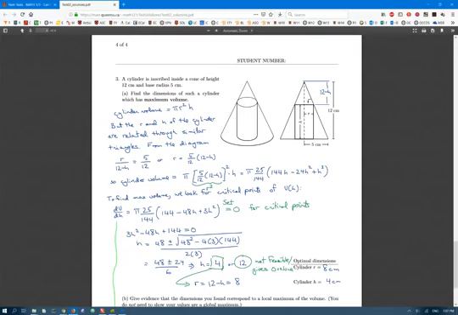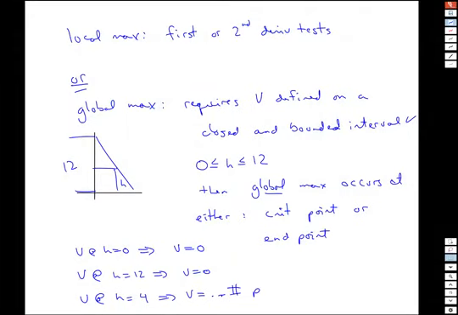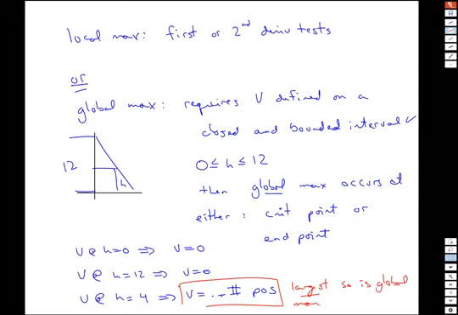We didn't calculate it, but it's some positive number, and of those three things, this is the largest. So it is the global max for volume. That is how we would do the global max argument there.